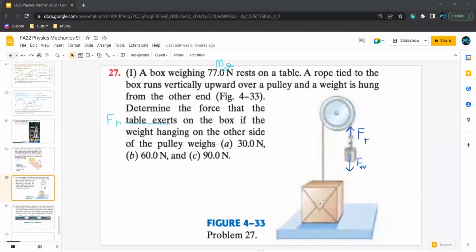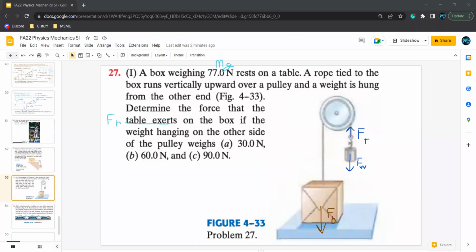And then over here you have your force box or force gravity, but both the weight and the box rely on gravity. So I'm going to do force box or B.